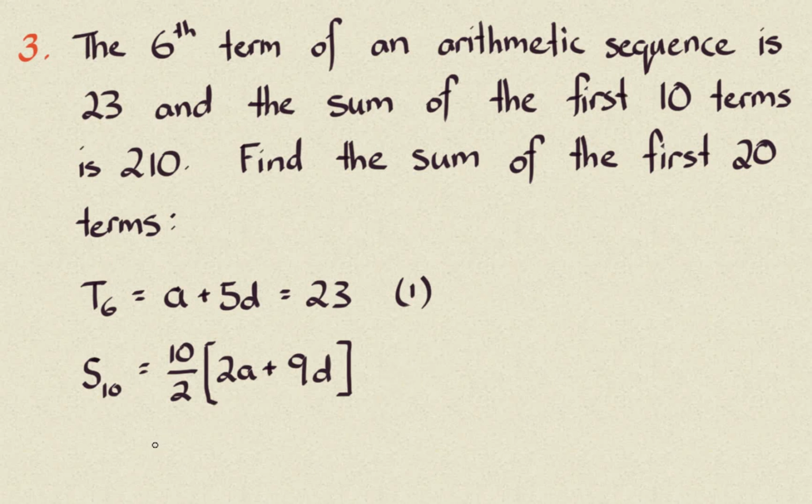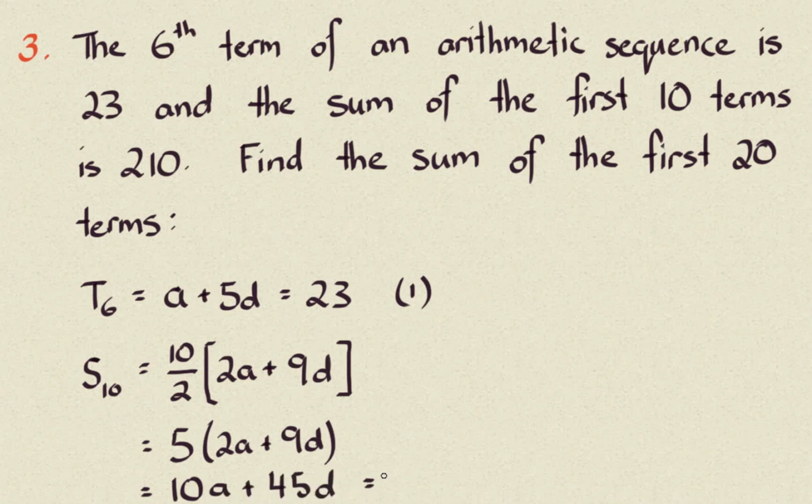We might just tidy this up a touch. Okay, so this is 5 out the front of 2a plus 9d, and we can then expand, so we have 10a plus 45d, and this sum is equal to 210. So there's our second equation.